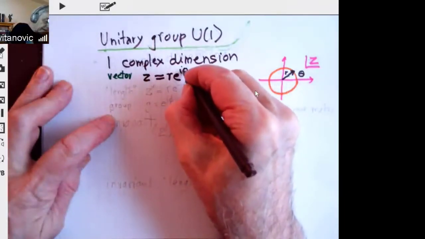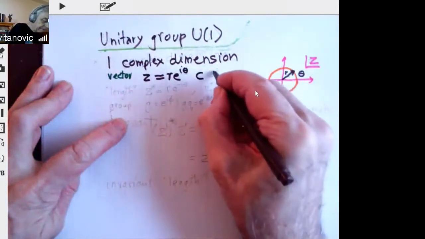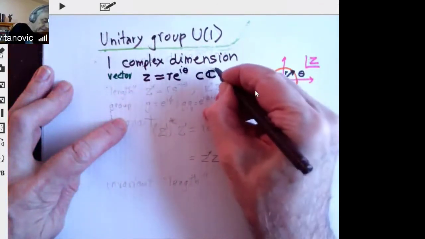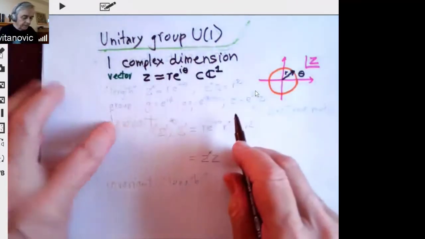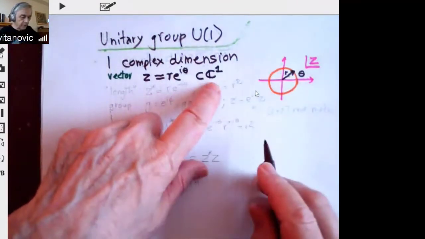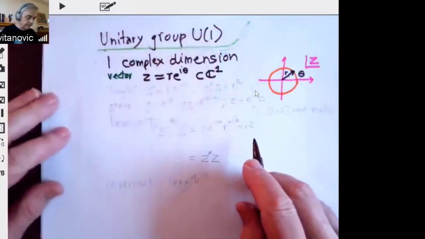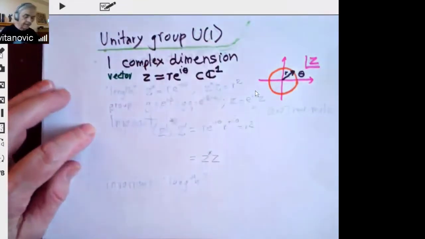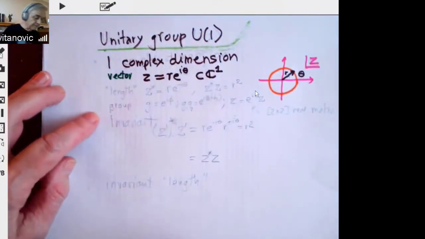And then it has a phase. And this is now a point in complex space of dimension 1 complex number. That's what U1 refers to. 1 is the dimension in a complex space, even though when you think of it as a real thing, it's two-dimensional.